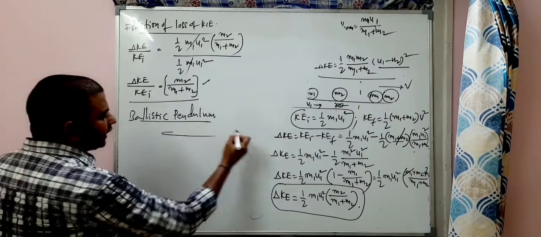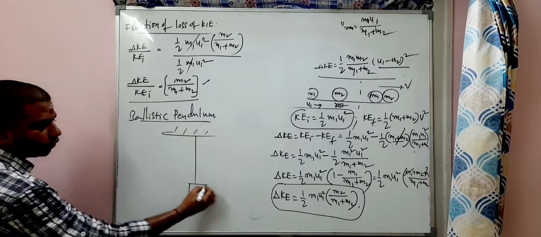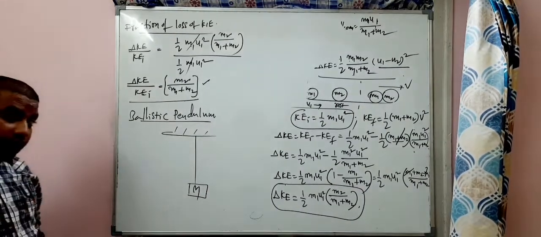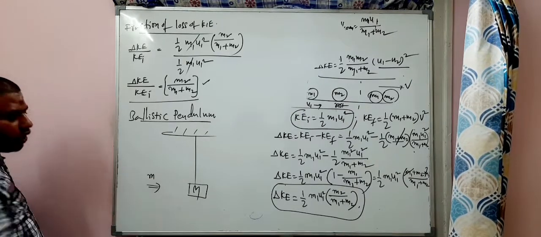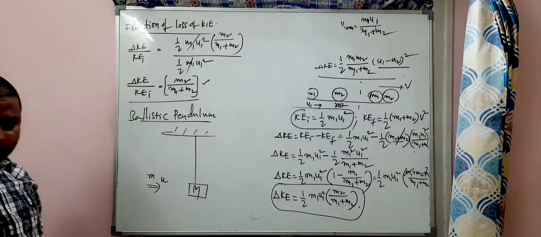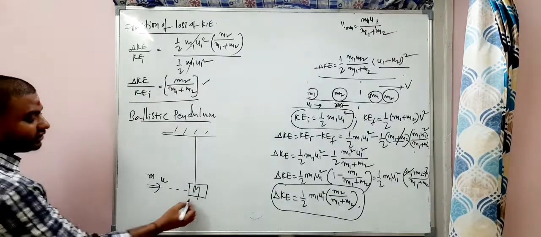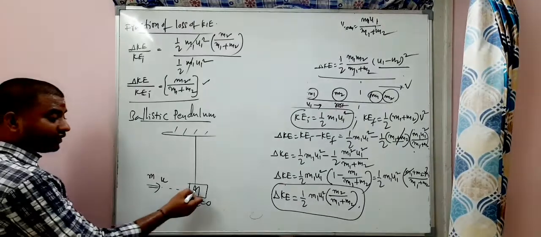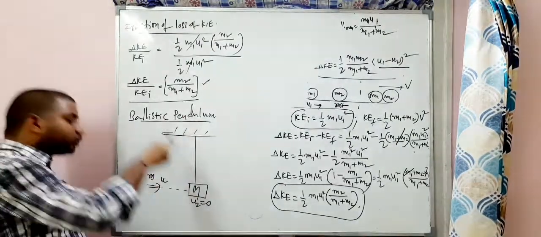This is the concept you already know. There is a wooden block of mass M kept here. There is a bullet of small mass m moving with a velocity u, moving like this and striking this. Initially this is at rest, and after striking it, this small mass is embedded into this wooden block.